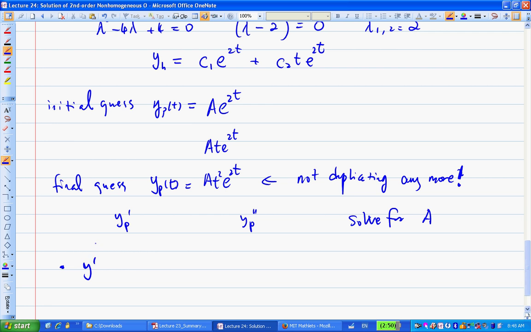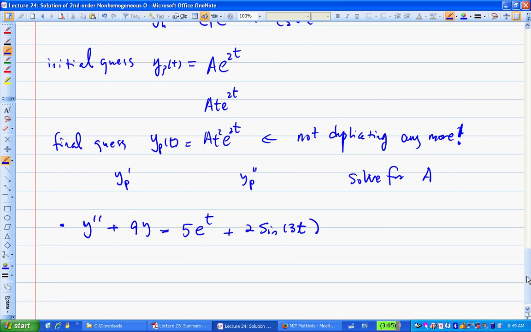So let's take a look at another one here. y double prime plus 9y equal to 5 e to the power t plus 2 sine 3t. So this one's different now. First of all, the input side has two functions, so it's an addition of two functions. And apparently we're going to have to make use of the summation rule, the number 3 rule.